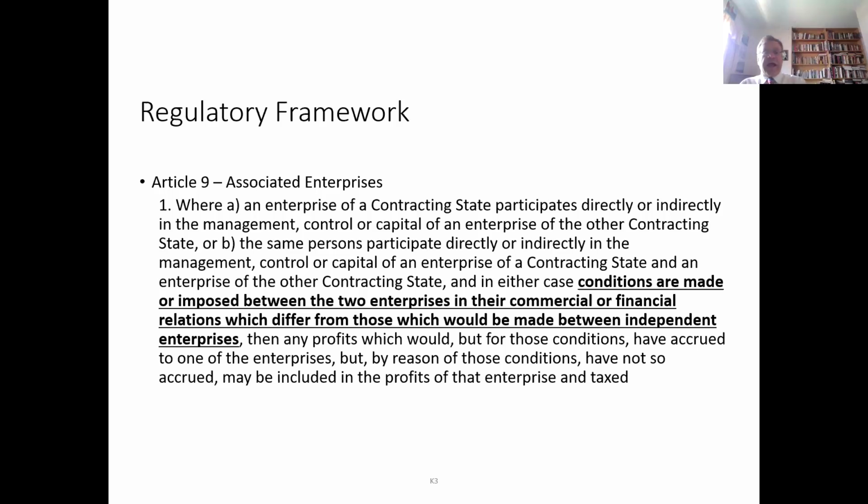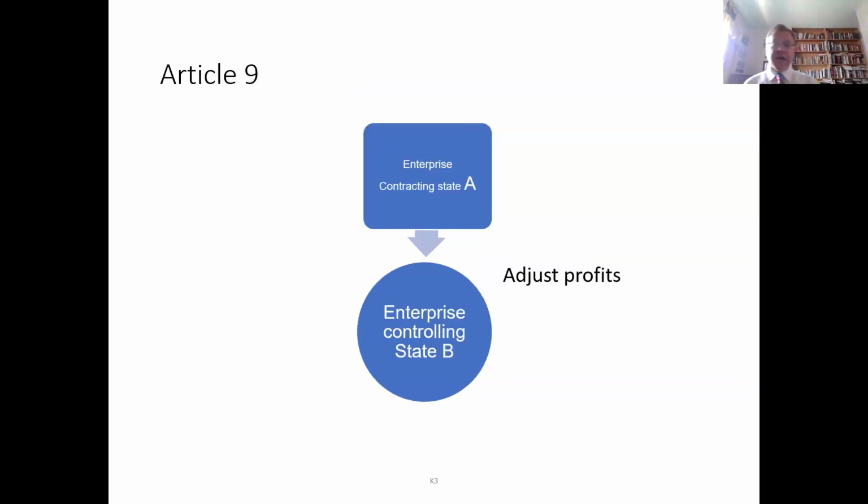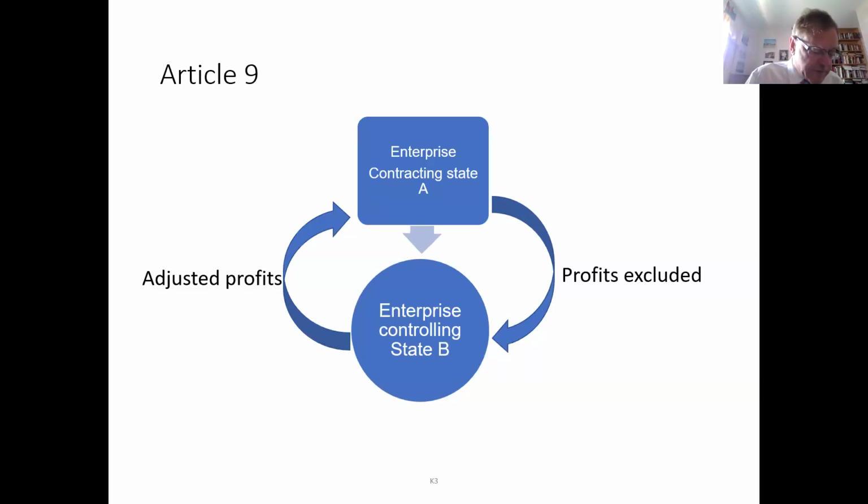If there is a transfer pricing adjustment, then where conditions differ from those with a third party, you will get an adjustment of profits and a corresponding adjustment elsewhere.